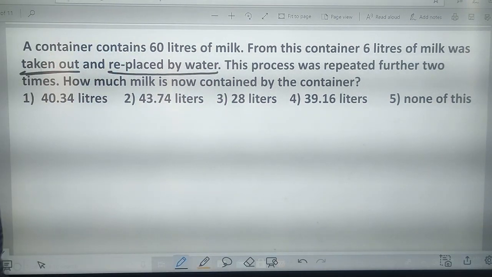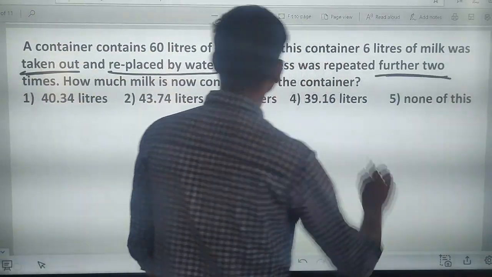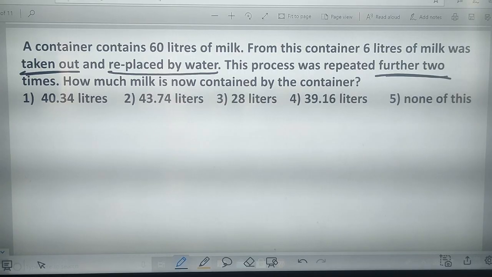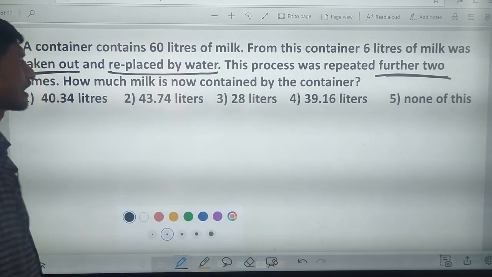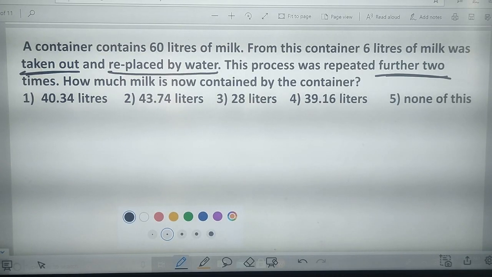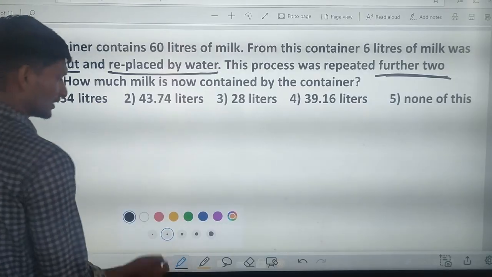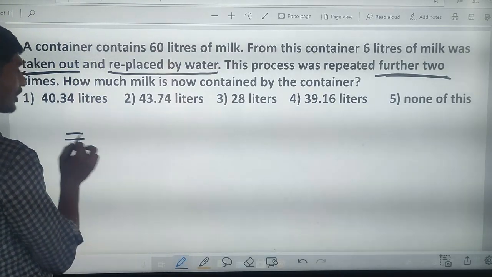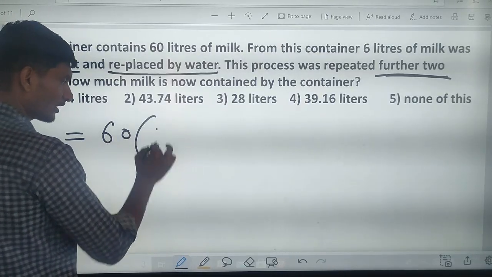This process is repeated further 2 times. How much milk is now contained by the container? This process is done 3 times. Now we solve. Total milk is 60 liters.